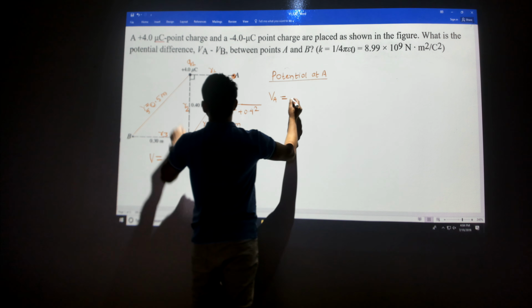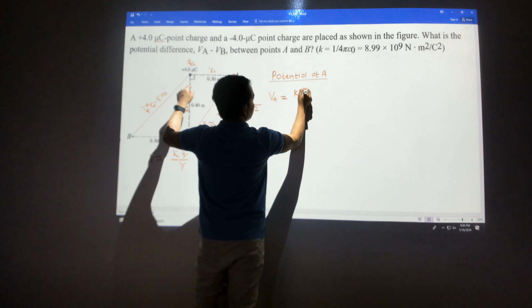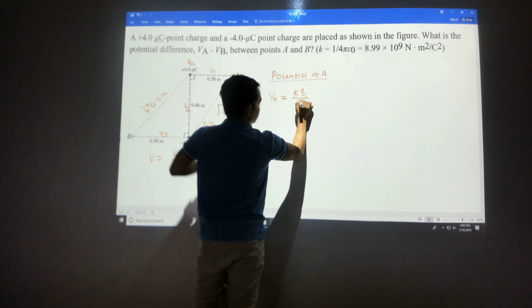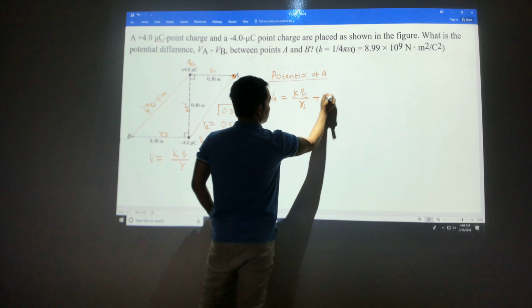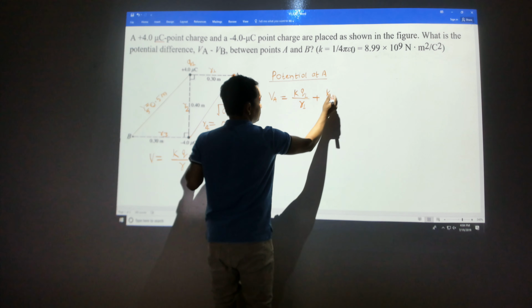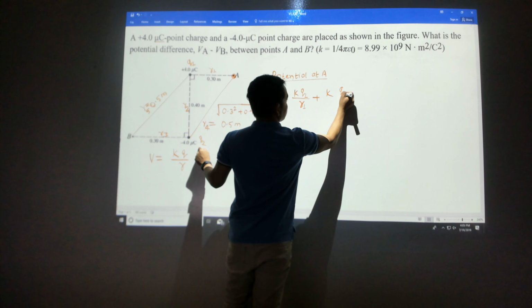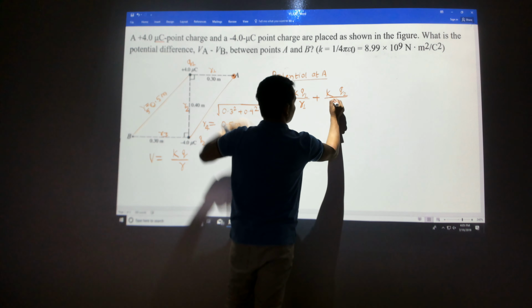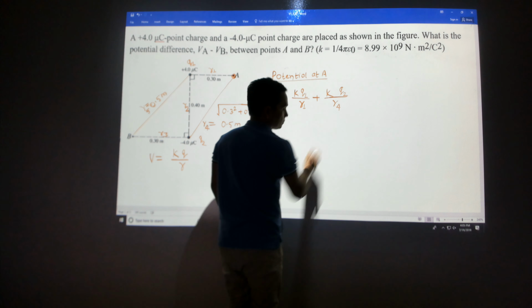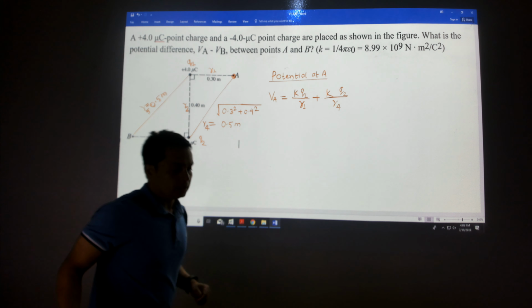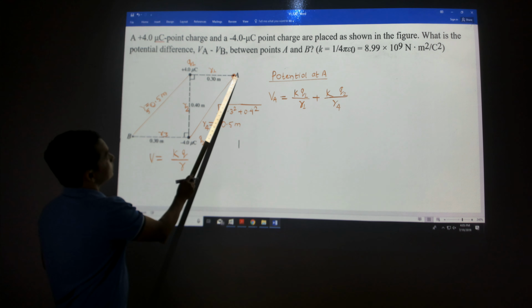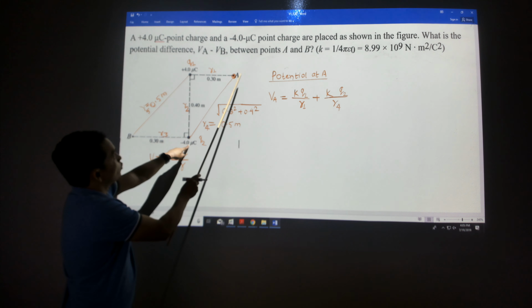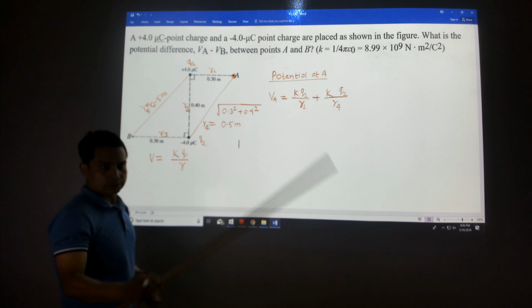So this one will be KQ1 and this distance is R1, plus KQ2 and the distance from this point to this point, which is R4. From this charge to point A, the distance is R1. From the other charge to point A, the distance is R4.